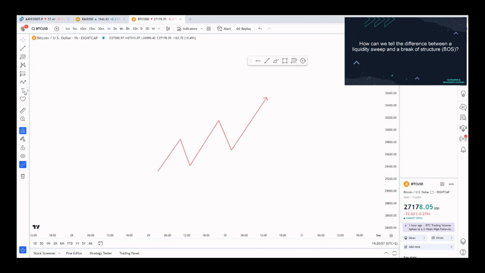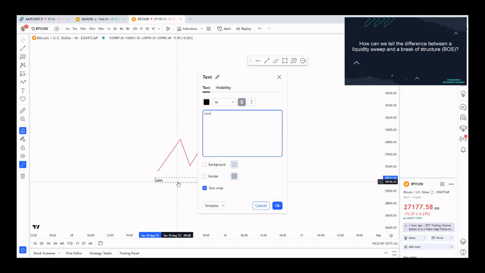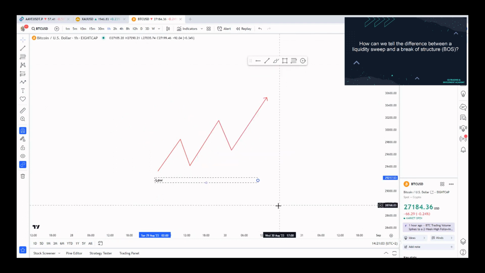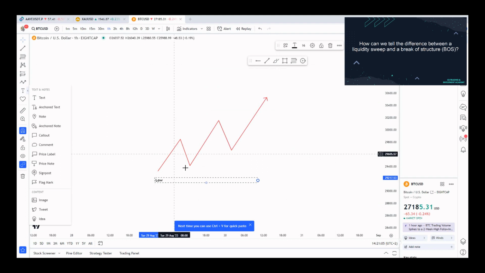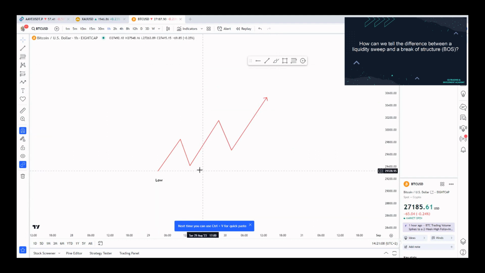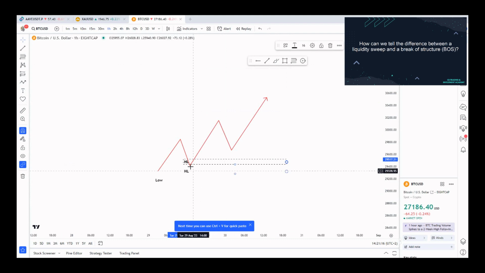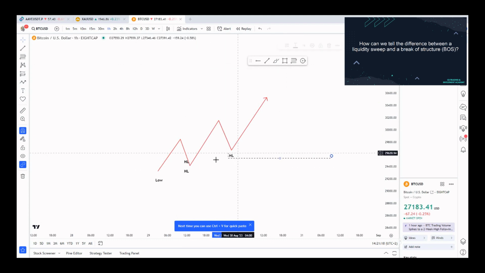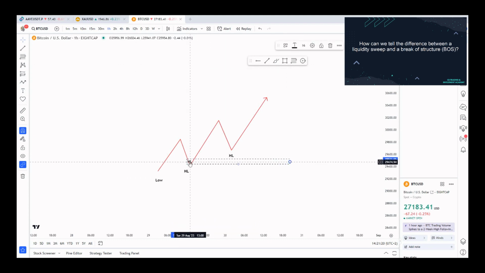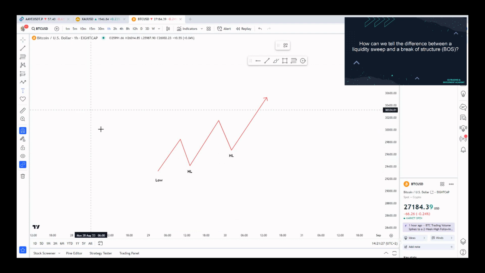So here we have a low, high, low, another higher low, low. Then we have here, so this is price movement.